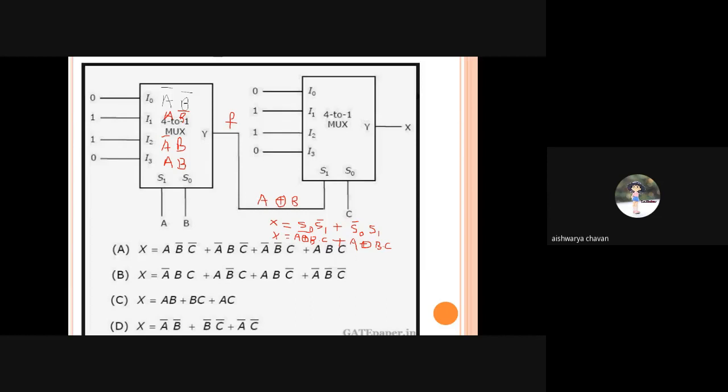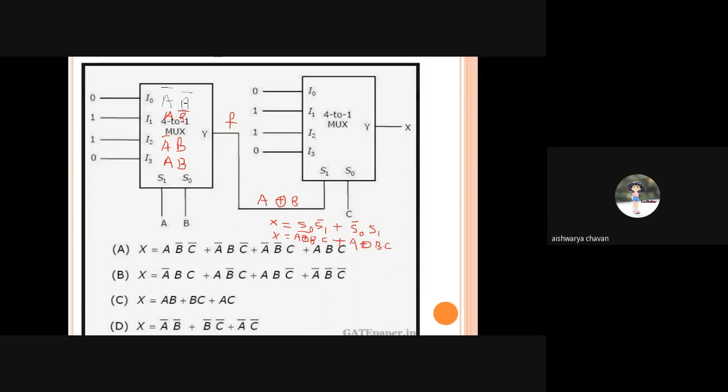And this A XOR B, the function f which is the output for the first mark, you are giving as an input to select line S1. So select line S1 input is A XOR B and S0 input is C. These are the inputs for the second mark question.